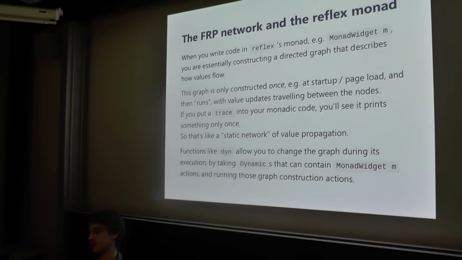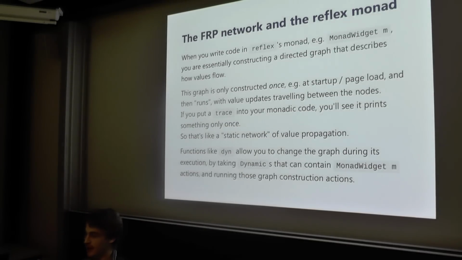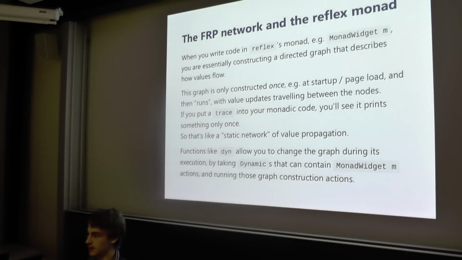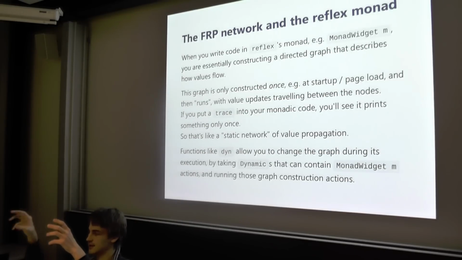So there is a demand that you can render some parts of this DOM dynamically. And Reflex has a nice function for this. It's called dyn. So with dyn, you are allowed to change this graph at runtime. Typically you just put inside dynamic values things like int, string, unit, right?